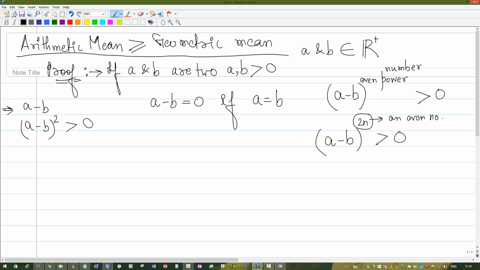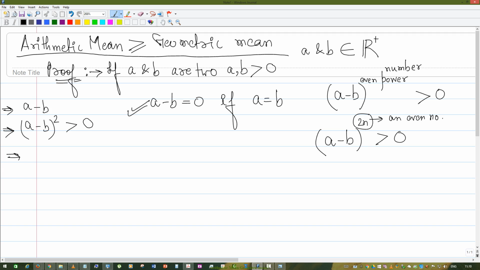In the first step we subtracted A minus B. We can always subtract any two real numbers, and if we square the result, this will always be greater than or equal to 0. The only condition it will be 0 is when A is equal to B.